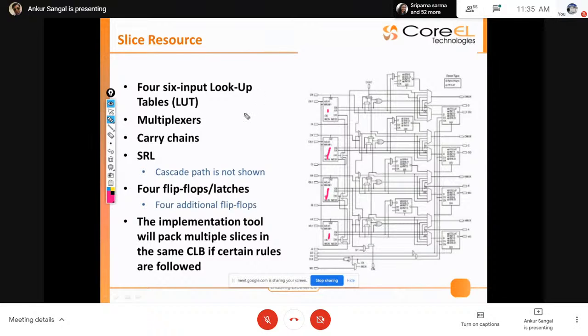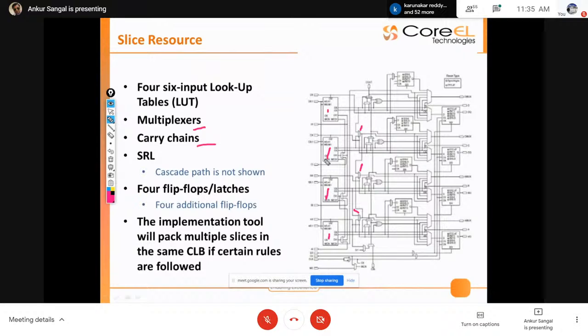After that, multiplexers and carry chain are also available. Not multiplier, multiplexer. Why are we using these multiplexers? With the help of these multiplexers, we directly control the output of the LUT.